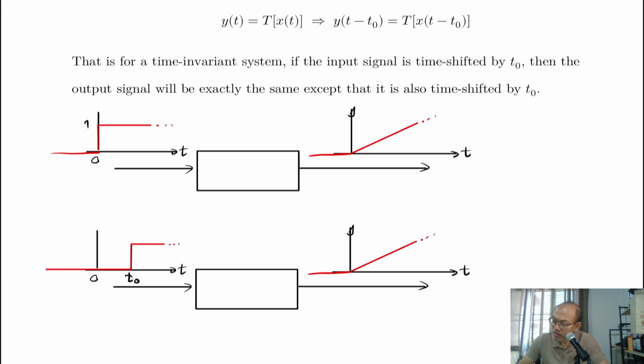You shift it to time t0 and you give this signal to the same system. Now, for the system to be time invariant, the resulting signal has to be exactly the same. Instead of occurring at time 0, it has to be occurring at time t0.